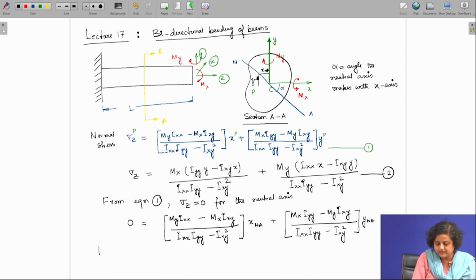Then we can say that tan alpha can be written as y of neutral axis by x of neutral axis.